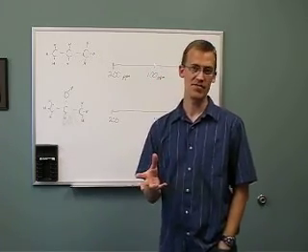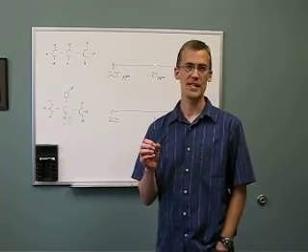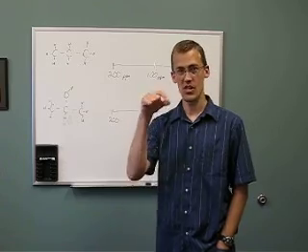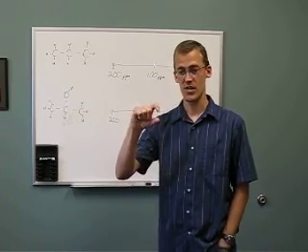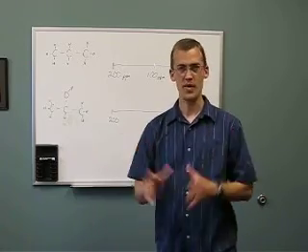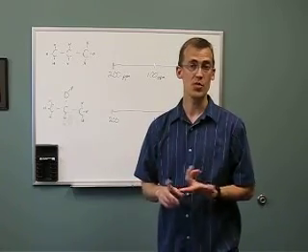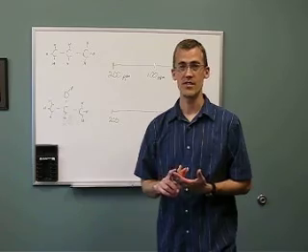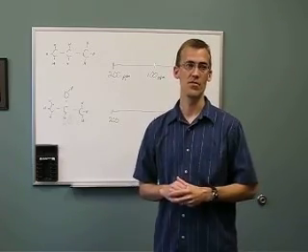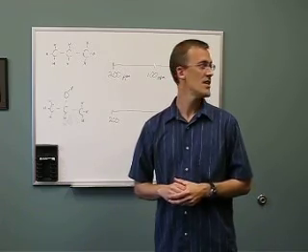Radio frequency, that part of the electromagnetic spectrum, has enough energy to cause the nuclei of an atom to flip their spin orientation. To put it in perspective, UV light, which is pretty high energy, has enough energy to maybe ionize or eject electrons from an atom.